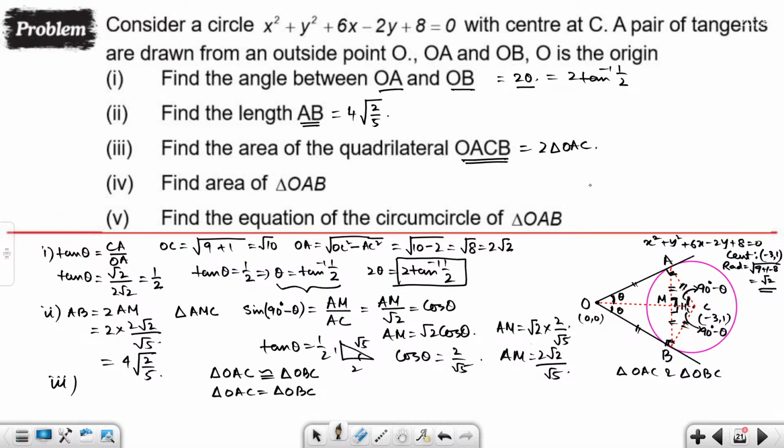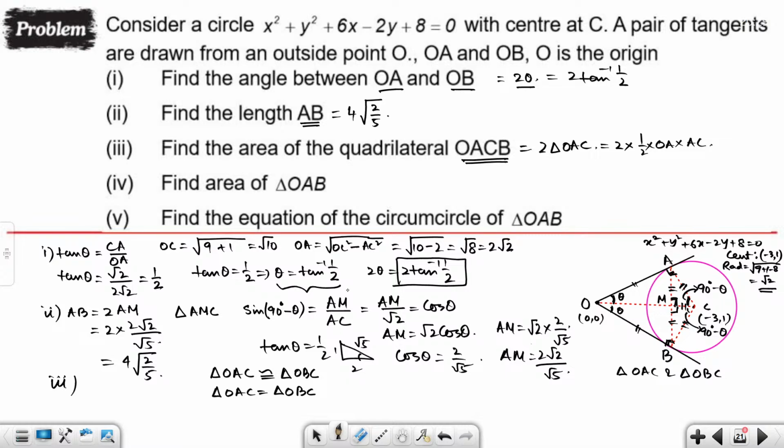Now, how to find out the area of OAC? Half into base into height. What is the base? Base is OA, into height, which is AC. Now, OA we have already got. I have calculated that.